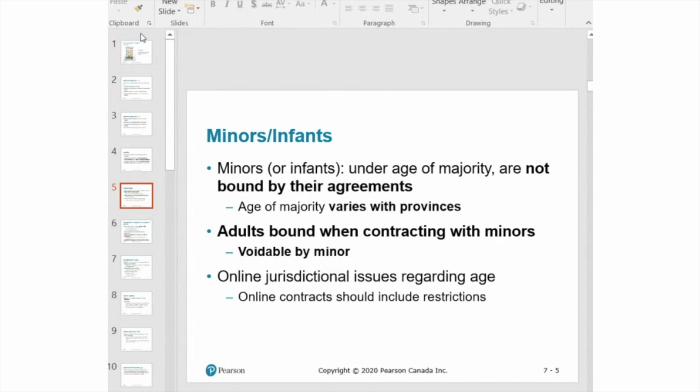So if a minor enters into a contract, say they purchase a bicycle at Walmart, the contract is valid, but because the minor is one of the parties, the minor may cancel the contract. It is voidable by the minor. There are some exceptions.